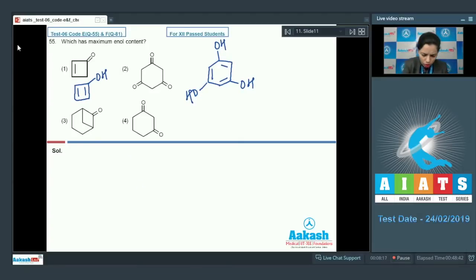If I talk about the third option, this is the carbonyl group, and along with that there are alpha carbons, but hydrogen atoms are not available at these positions. It means if there is no alpha hydrogen, there is no possibility of tautomerism, and there is no enolic form of this particular keto group. So in this case there is no alpha hydrogen, and that results in no tautomerism.